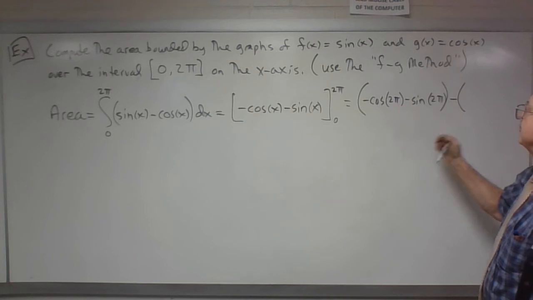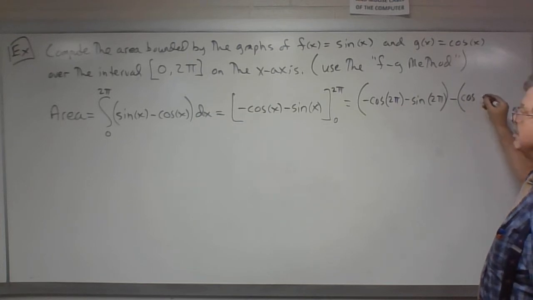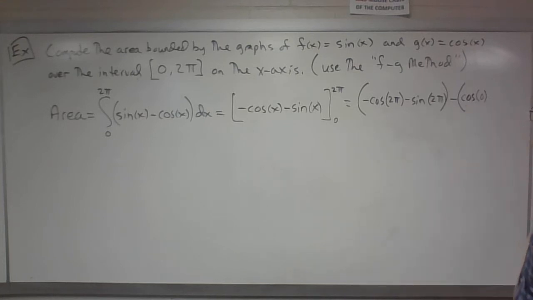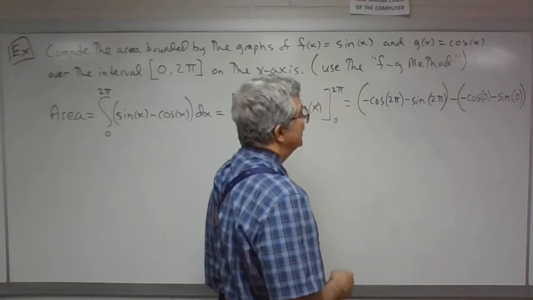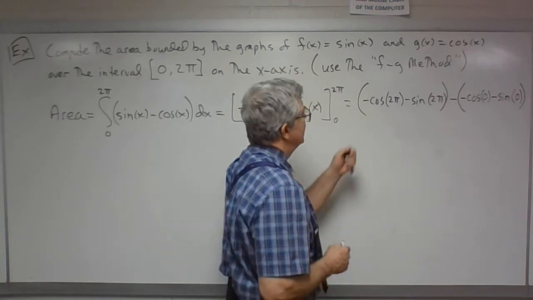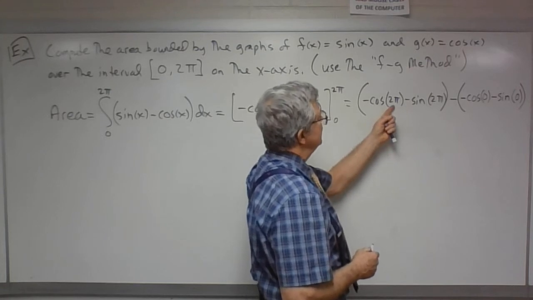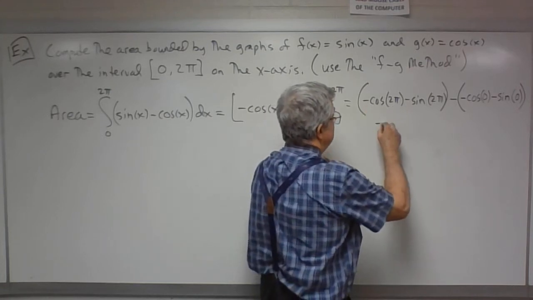Plug in the upper limit, plug in the lower limit. The cosine of 2 pi is 1, so we have minus 1.